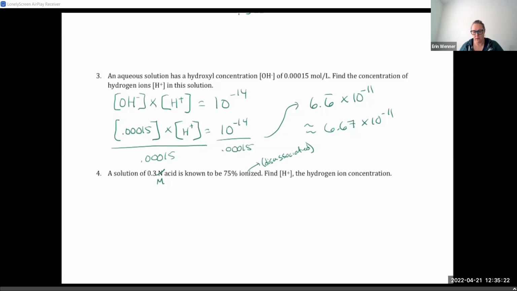So again, all we're doing here when we talk about dissociation is we're taking the percentage and multiplying it by the concentration. So we're going to take 0.75 times 0.3, which gives us 0.225 moles per liter.